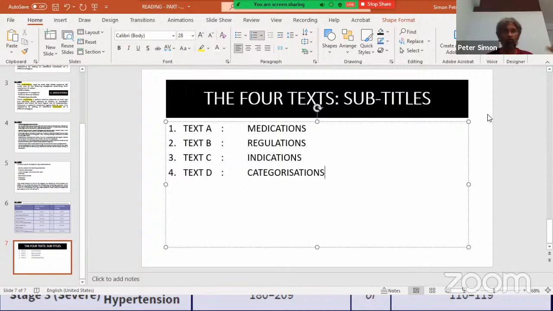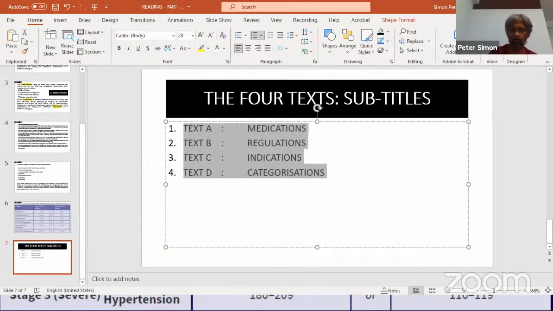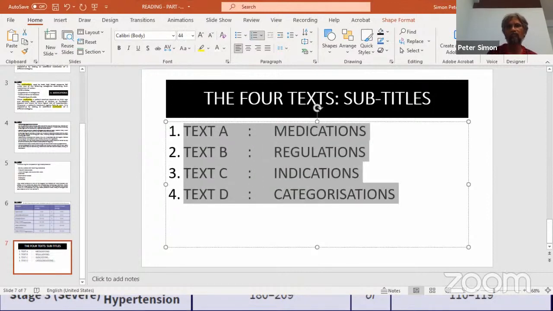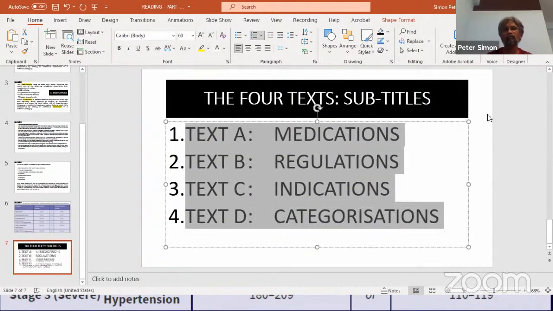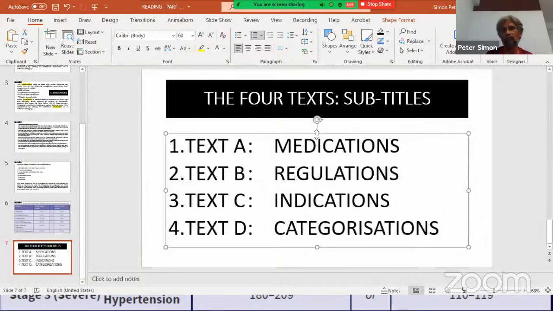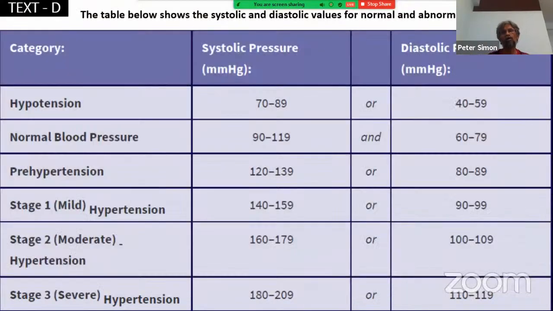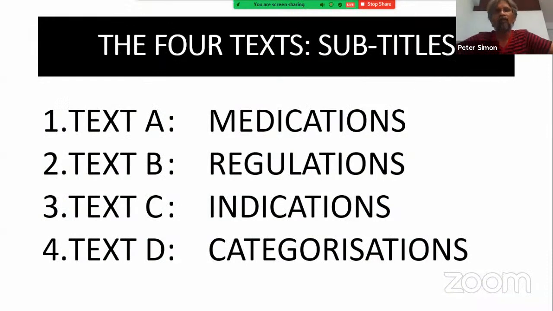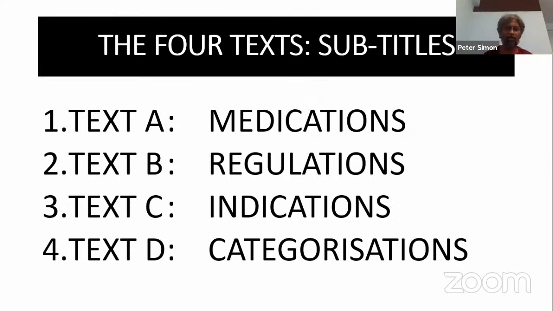This group, this group, this group, you are separating into different groups. Yeah, the 4 text subtitles. Now you know text A is related to medications, text B is related to regulations, text C is related to indications, text D is related to categorizations.